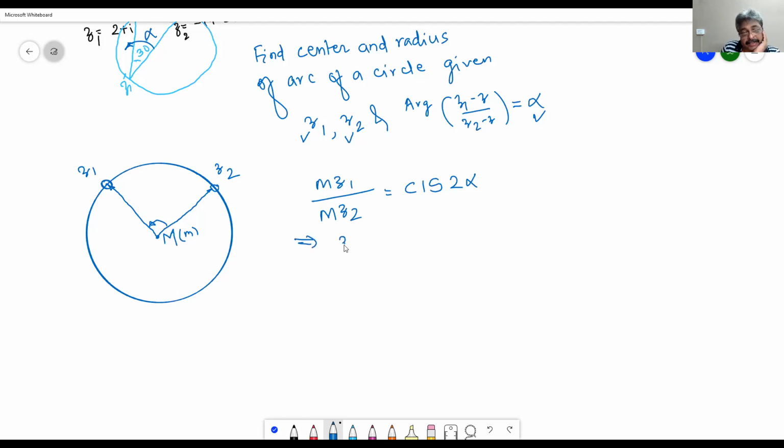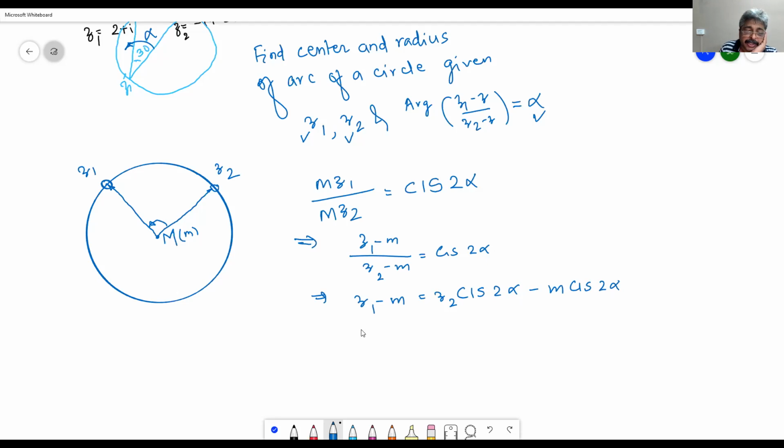This implies z1 minus m upon z2 minus m is equal to cis 2 alpha, which implies z1 minus m is equal to z2 cis 2 alpha minus m cis 2 alpha.